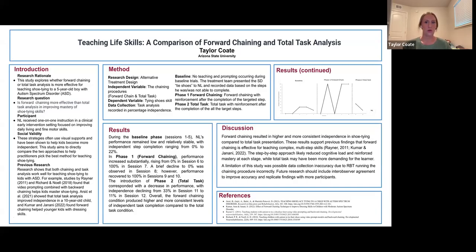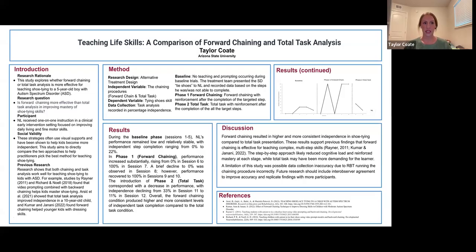Overall, with reviewing the graph and reviewing how he engages with the task and completing the skill, I will change this to a forward chain moving forward because he is having higher success with it.